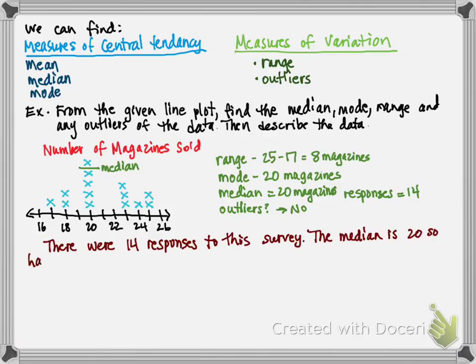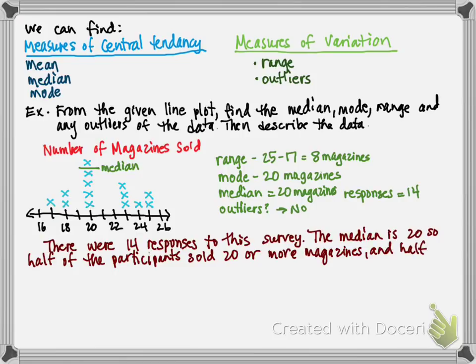So half of the participants sold 20 or more magazines. And half sold less than 20 magazines, or 20 or less magazines.